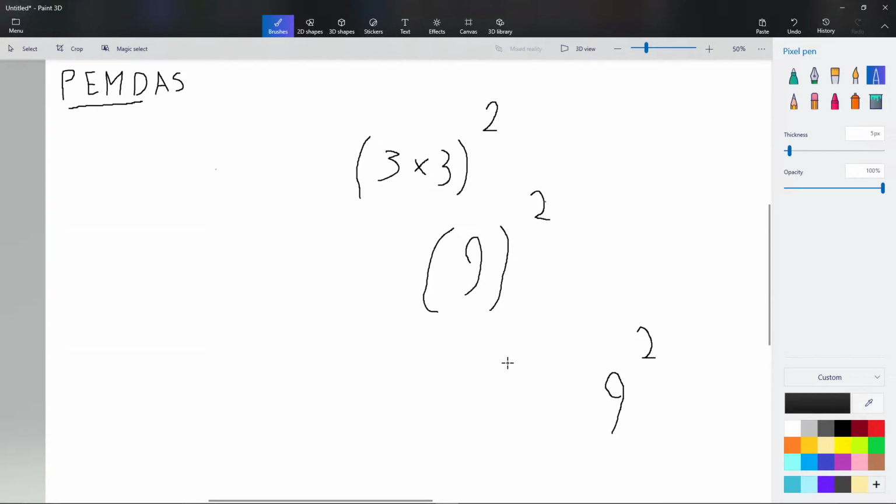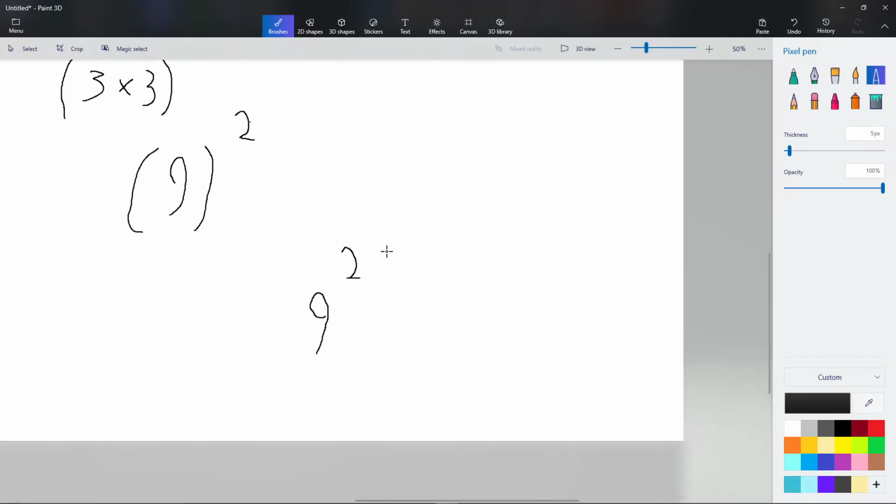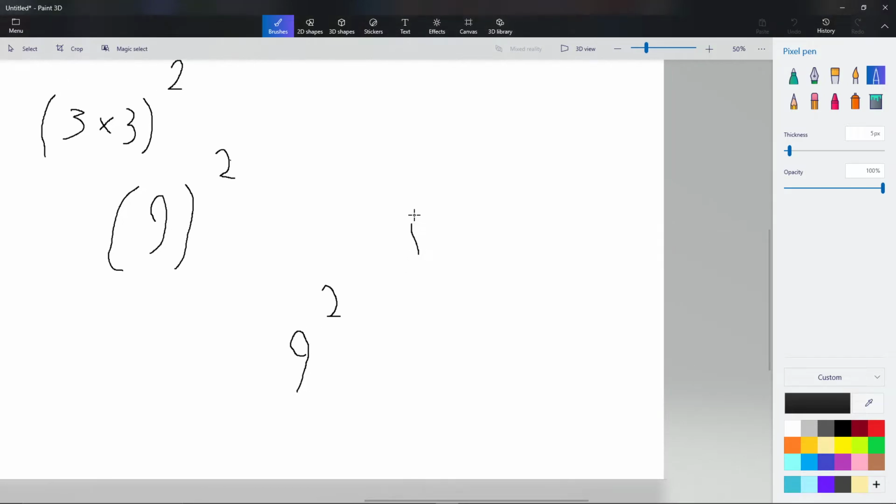We must do exponents. What this basically is telling us to do is 9 times 9 within parentheses. That's a terrible looking 9. It doesn't even look like a 9. God, that's awful. Alright, so what it's essentially telling us to do is 9 times 9 within parentheses, like so.